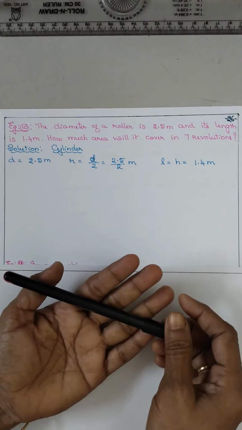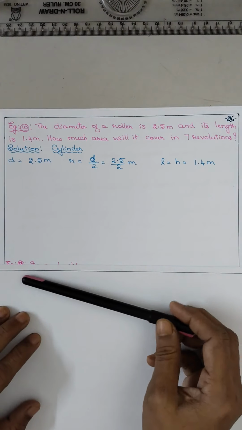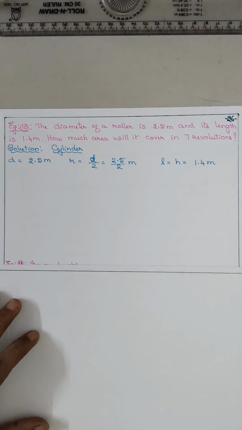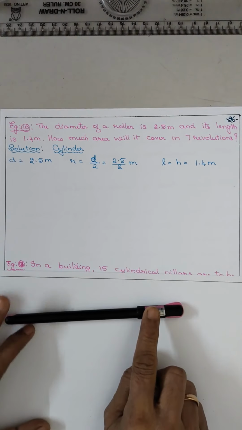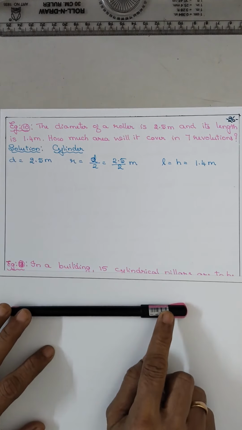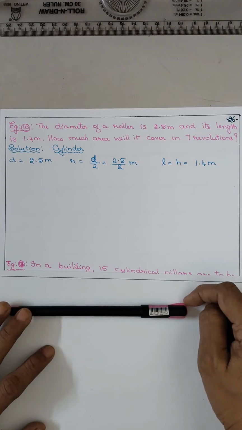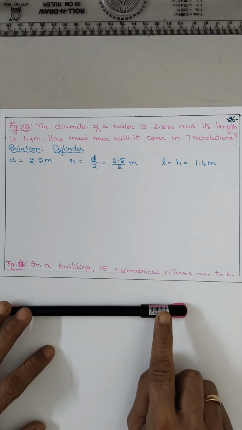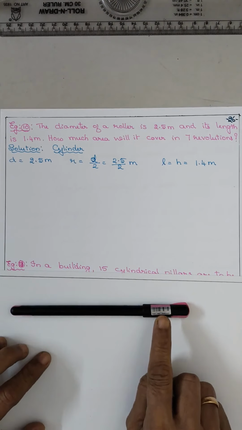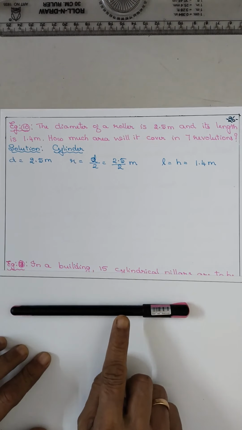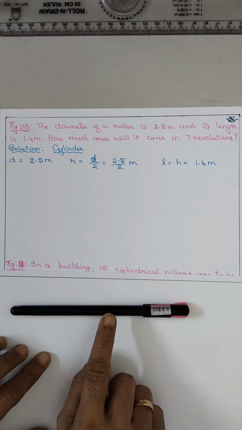Now they have told how much area will it cover in 7 revolutions. See, if you think the roller is like this, see the marking here. It takes 7 revolutions. How do you have to see this? The first position is like this.